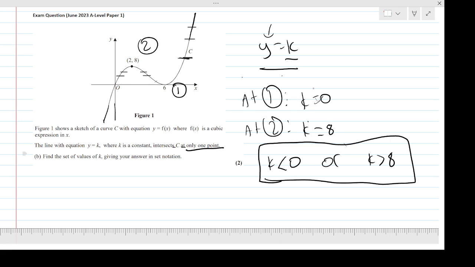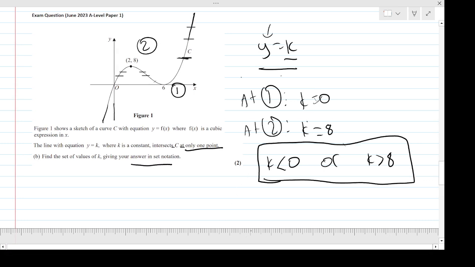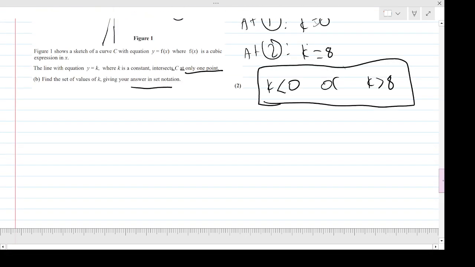Final question, final point. It says give your answer in set notation. So again, you should remember to write this inequality or set of inequalities as set notation. That's going to be the same as saying the set of values for k such that k is less than 0. But remember, we can only put one inequality in a bracket in a set, okay?